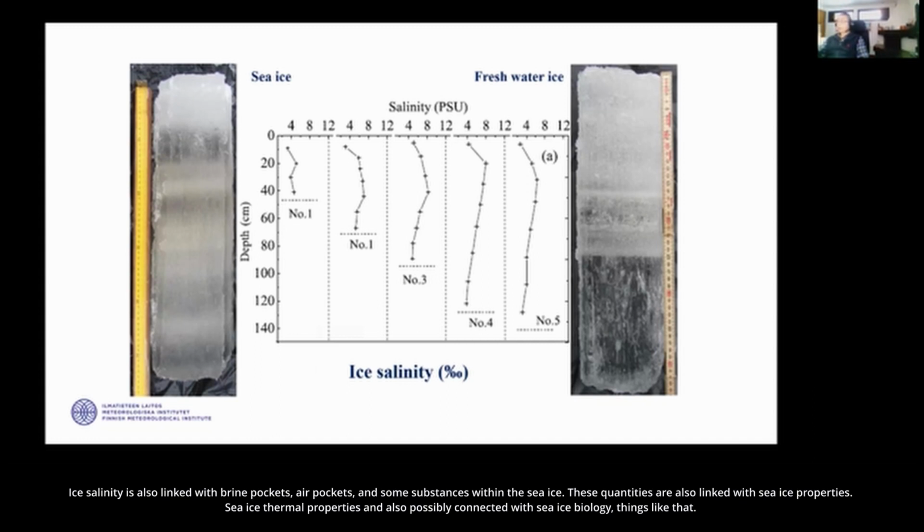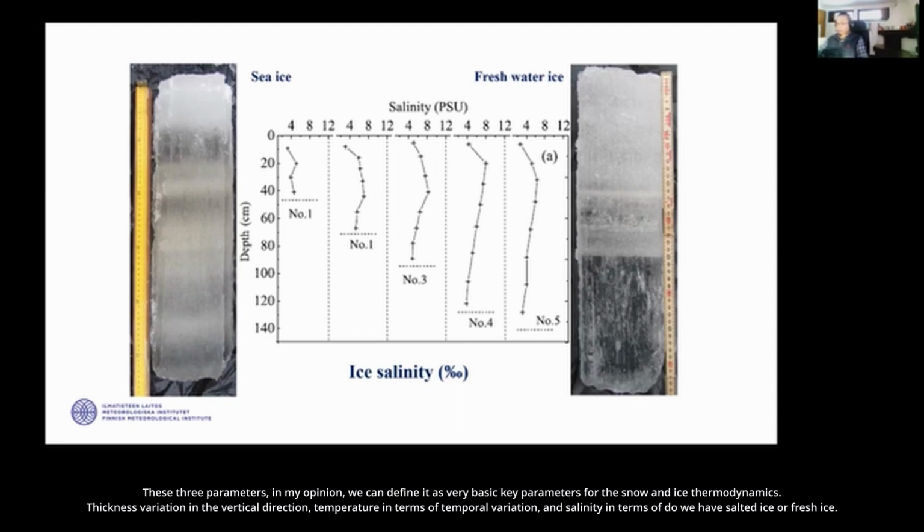The ice salinity is also linked with brine pockets, air pockets, and some substances within the sea ice. These quantities are linked with sea ice thermal properties, and possibly with sea ice biology, things like that.